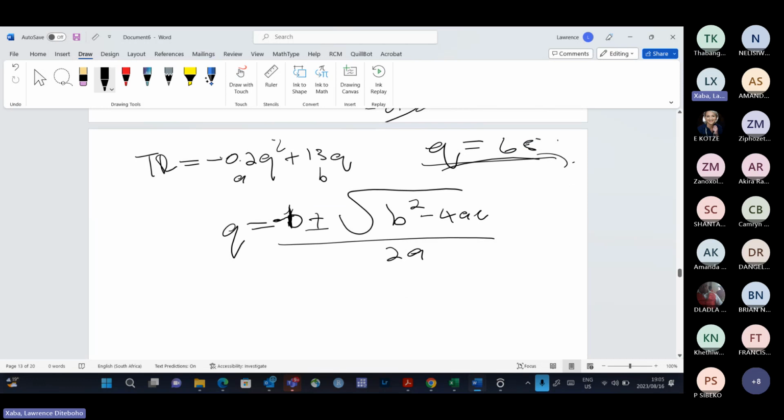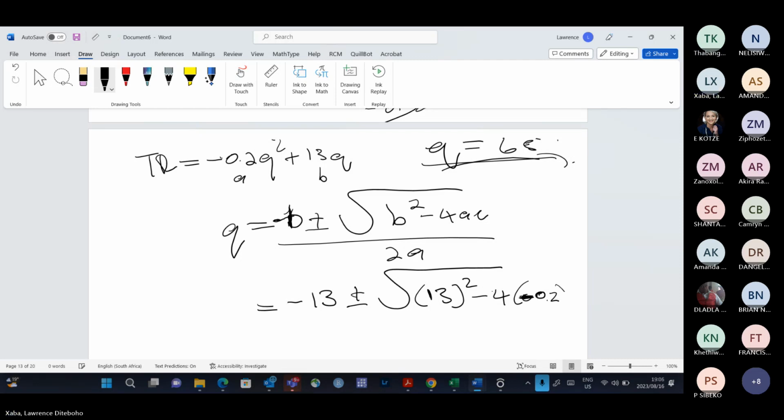Let's continue. Where is b? We have b as 13, so negative 13 plus or minus the square root of, open brackets, b again, 13 squared minus 4 times our a, which is negative 0.2, close brackets.